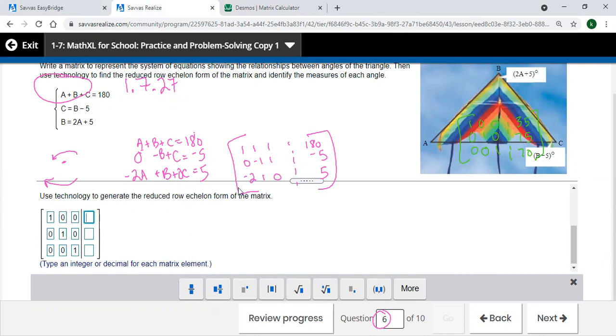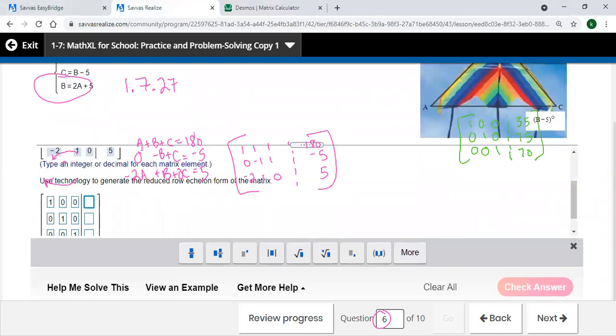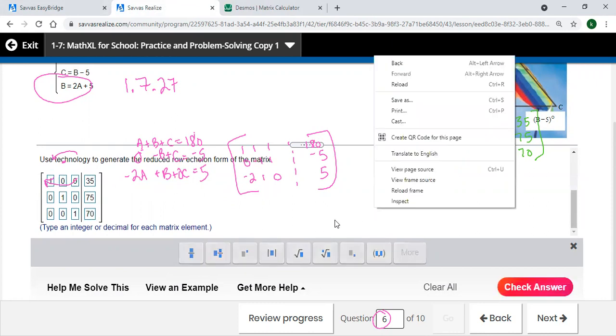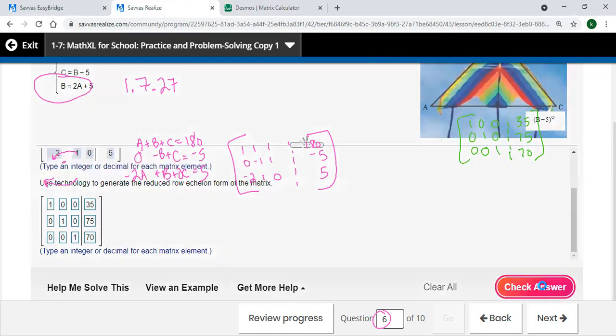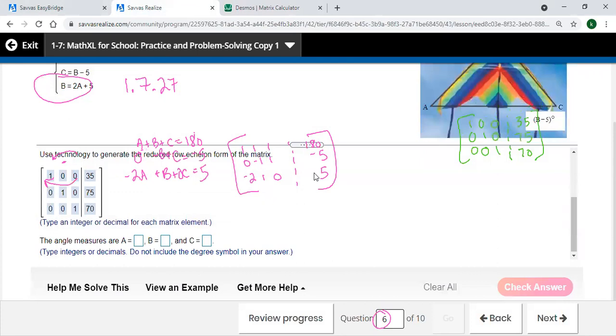It's on top of that little picture there. 35, 75, and 70. See how we did. Cruising right along if you just know how to use the technology.